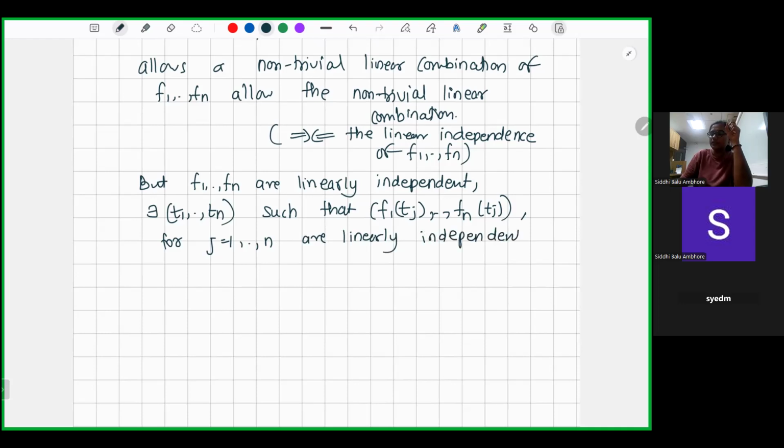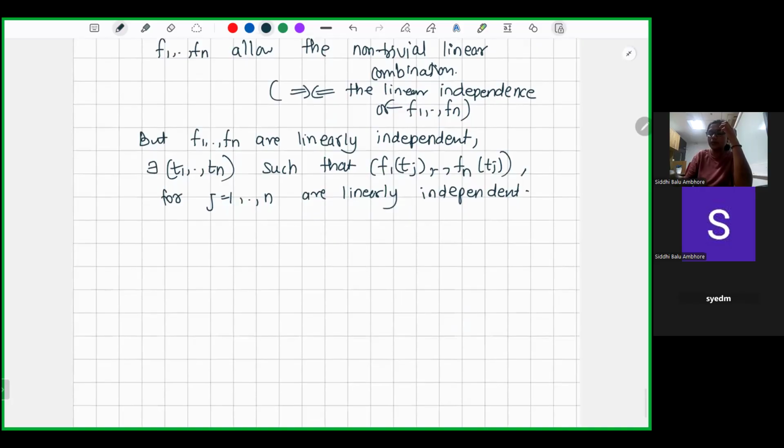And this choice of T1 to Tn which we have will give me the non-zero value of that determinant, okay? For j from 1 to n they are linearly independent, and then that is the determinant of Fi Tj, right? Will be non-zero.